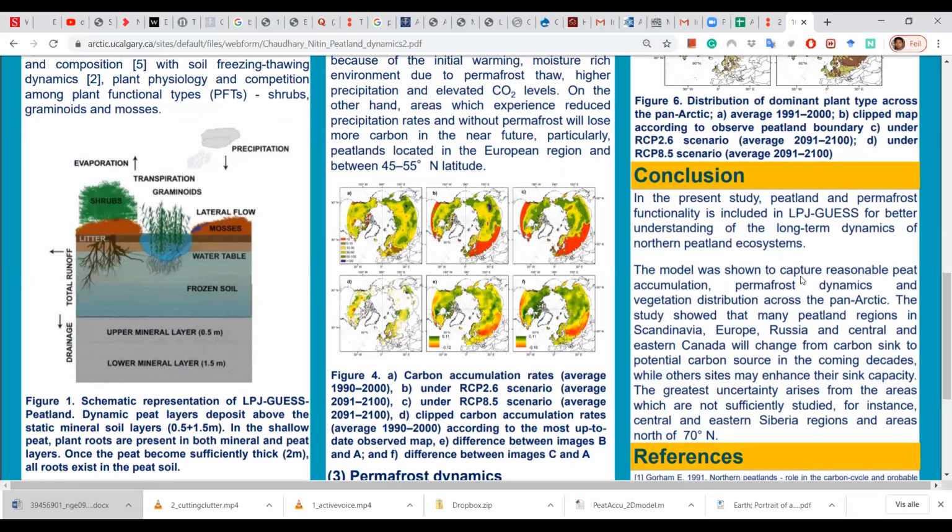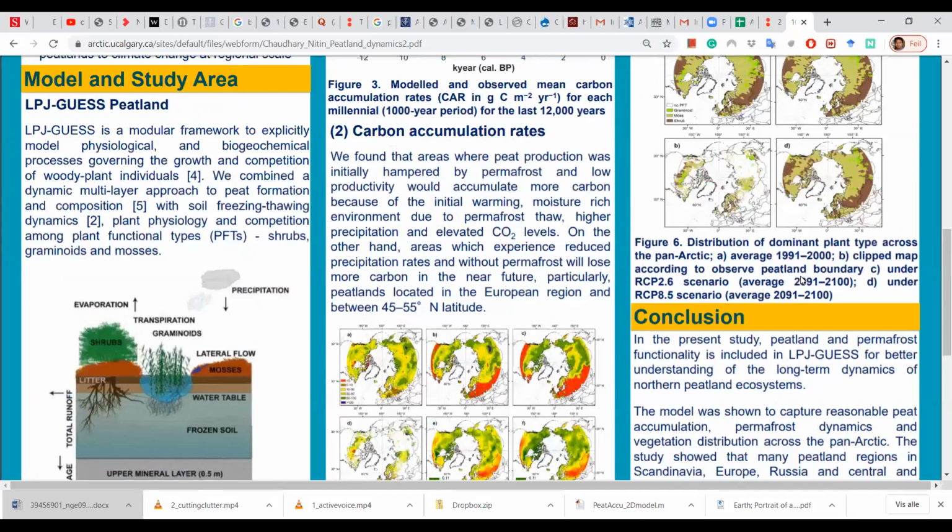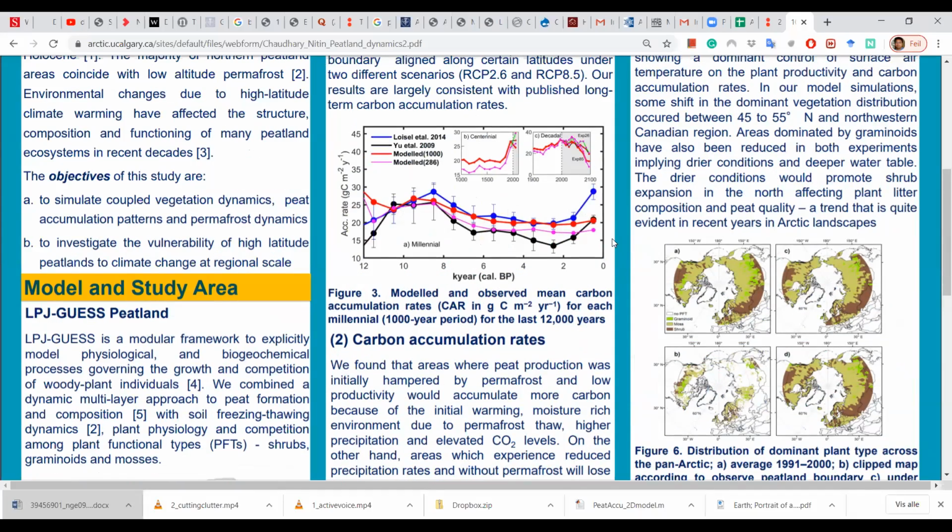Though it is not perfect, it is not very wrong either. We have published many papers, and this is one of the state-of-the-art models which is very close to reality. As you can see, it is able to reproduce the long-term carbon accumulation rate. And yes, if we get more observed data, we will tune and calibrate our model.